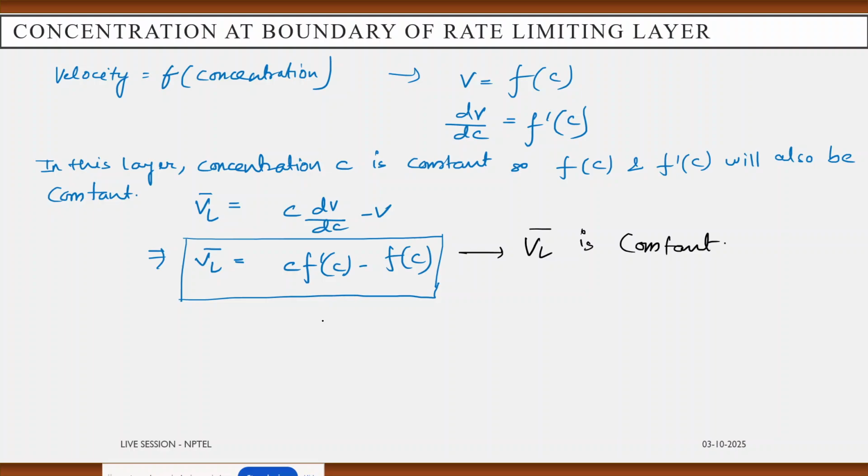Now go to a very specific layer which is known as the limiting layer. We have now discovered that the rising velocity of the concentration layer that we are talking about is constant.